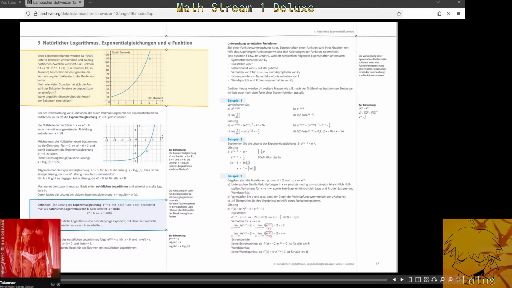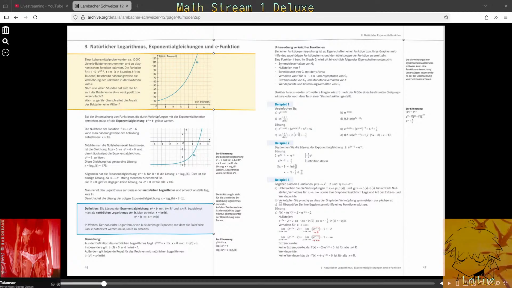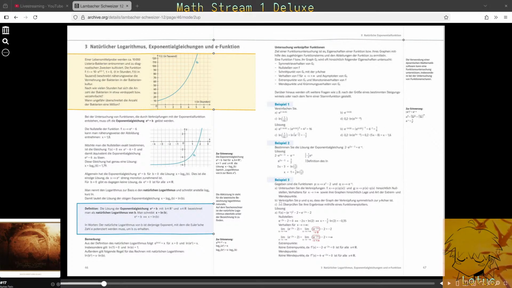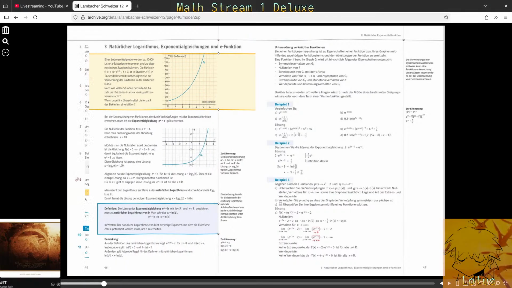I mean, it is this one, so why are you not showing the cursor when it's there? Strange. I have show cursor enabled. Okay.